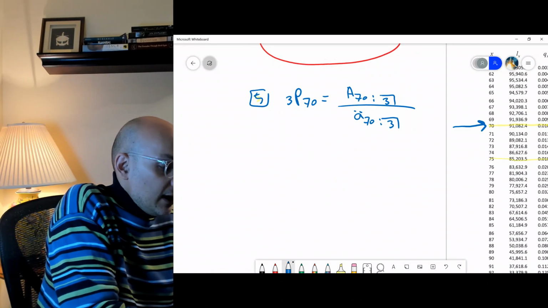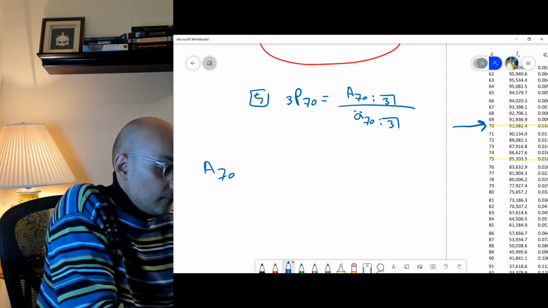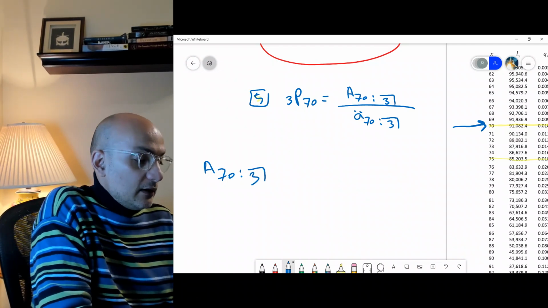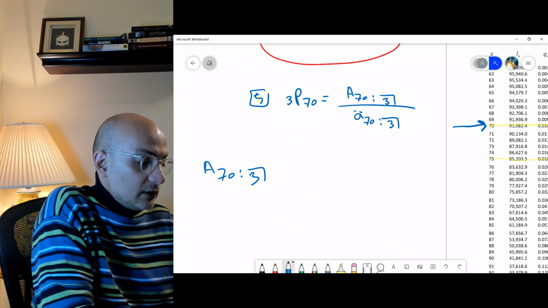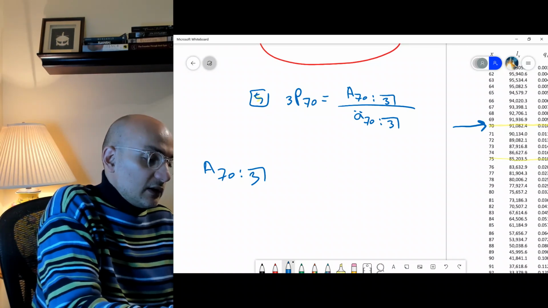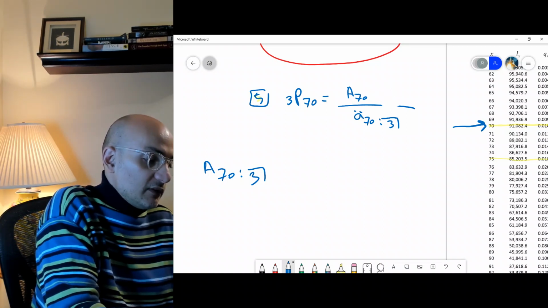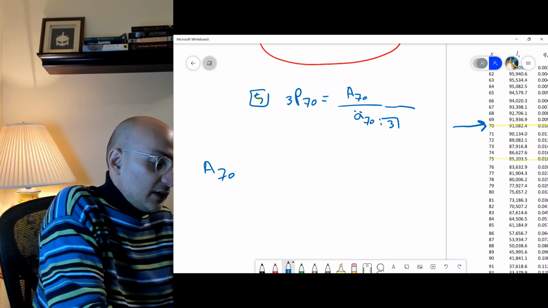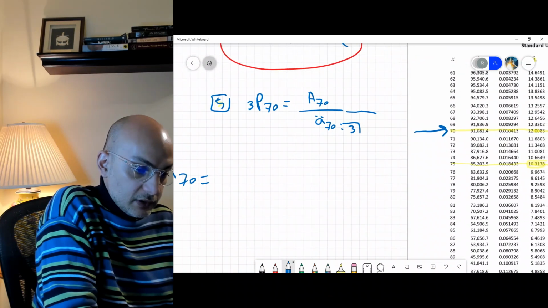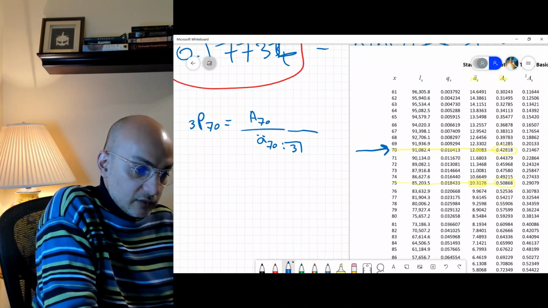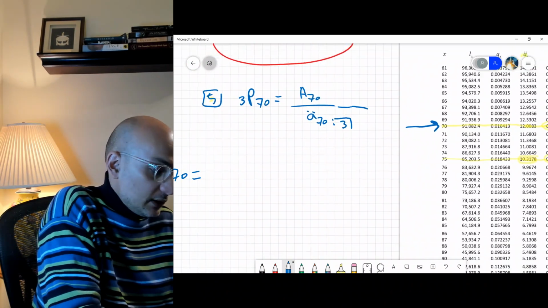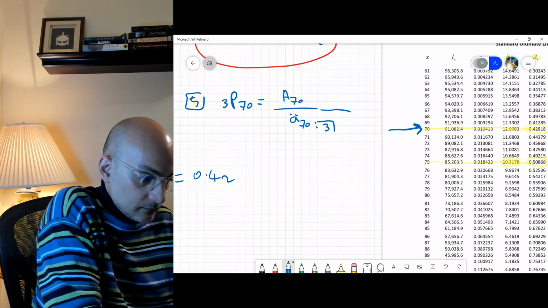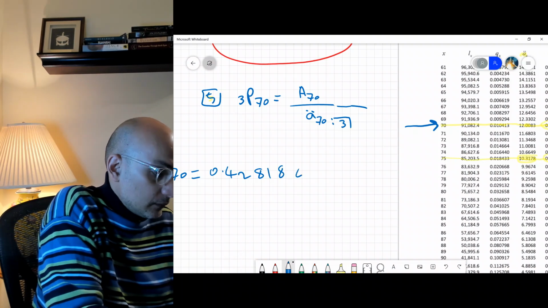So let's take the A70. Oh, sorry, this is not A3, A70. Let's keep it A70. A70, we have it. It's fine. We already found it many times. It's 12.0083.